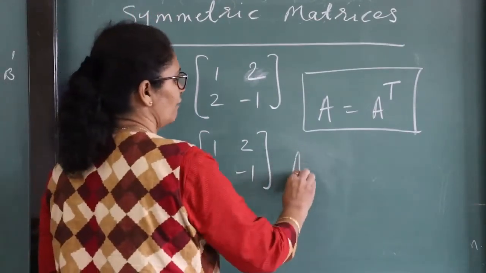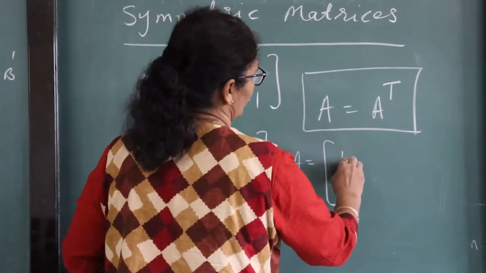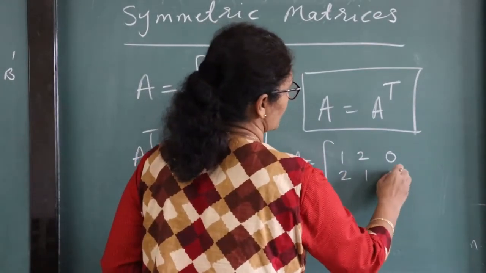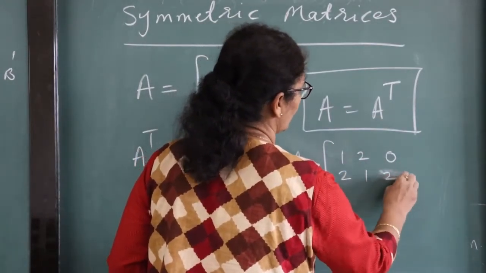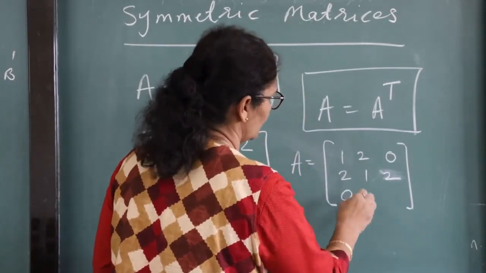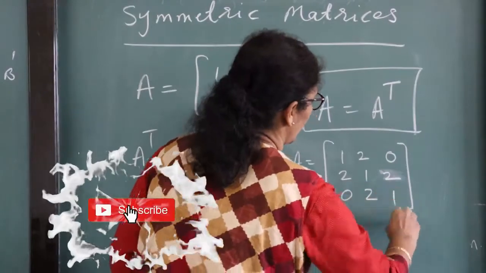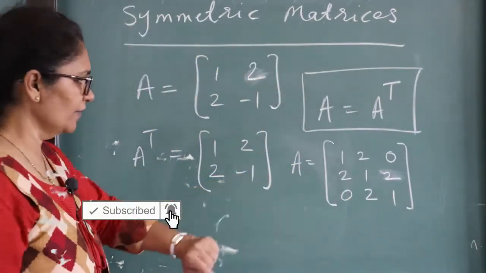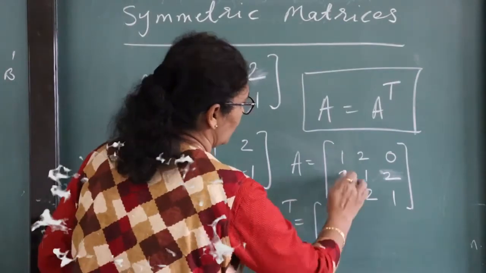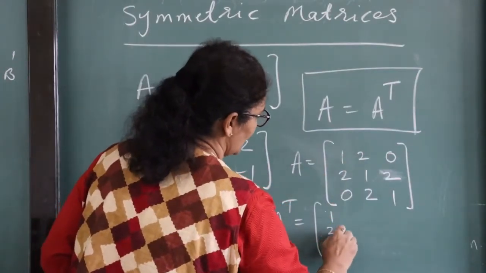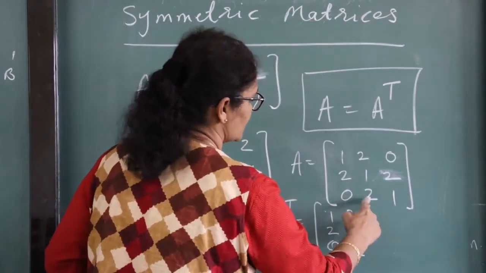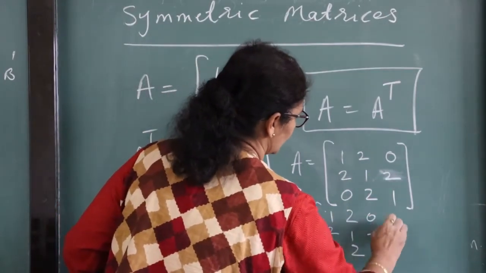In the same way we will take one more example of 3 by 3. 1, 2, 0, 2, 1, 2, and third row 0, 2 and 1. Now if I write its transpose, what is it? 1, 2, 0 as a column, 2, 1, 2 as the second, and 0, 2, 1 as the third.